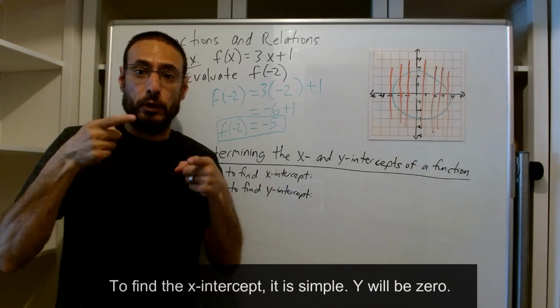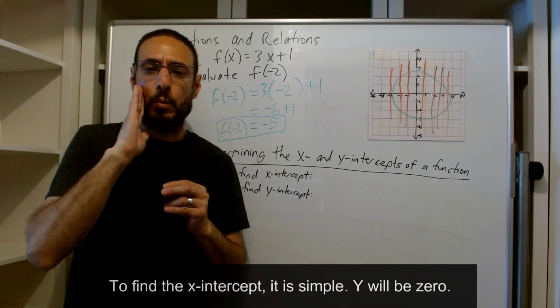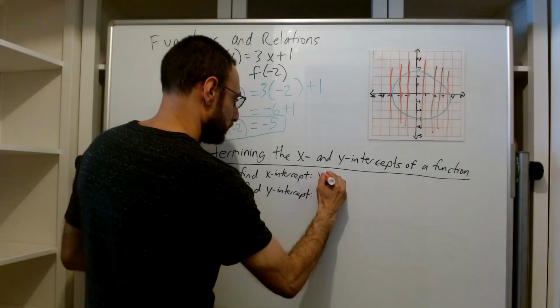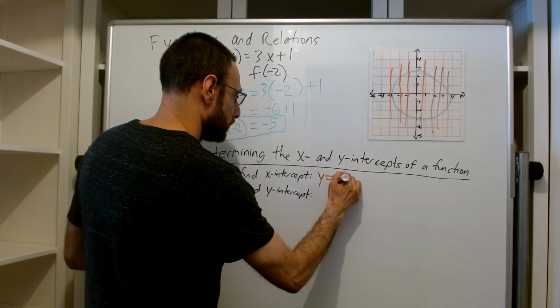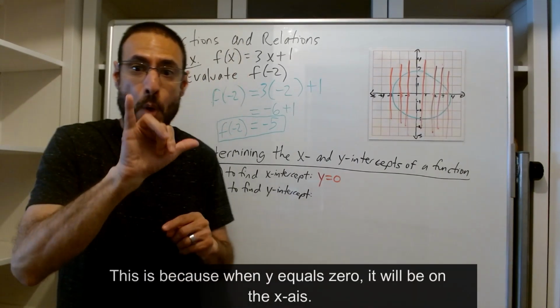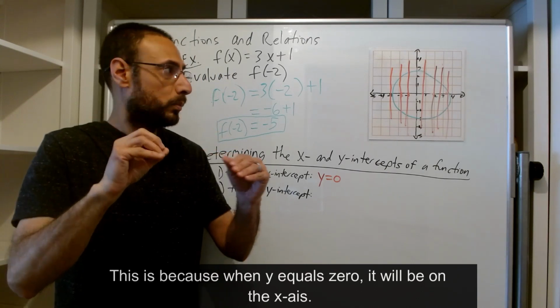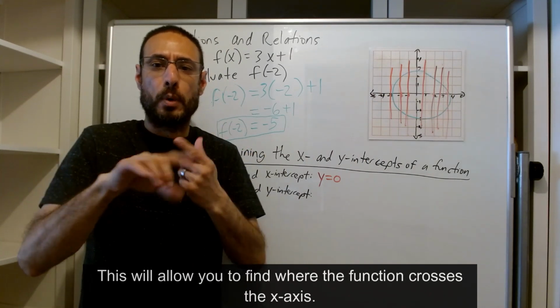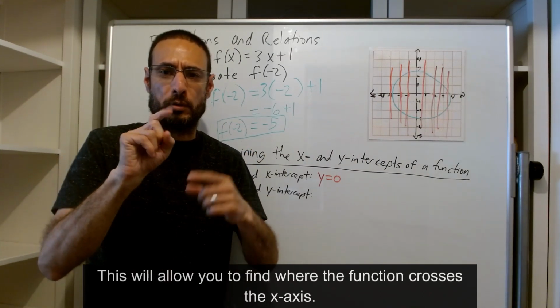To find the x-intercept, it is simple. y will be 0. This is because when y equals 0, it will be on the x-axis. This will allow you to find where the function crosses the x-axis.